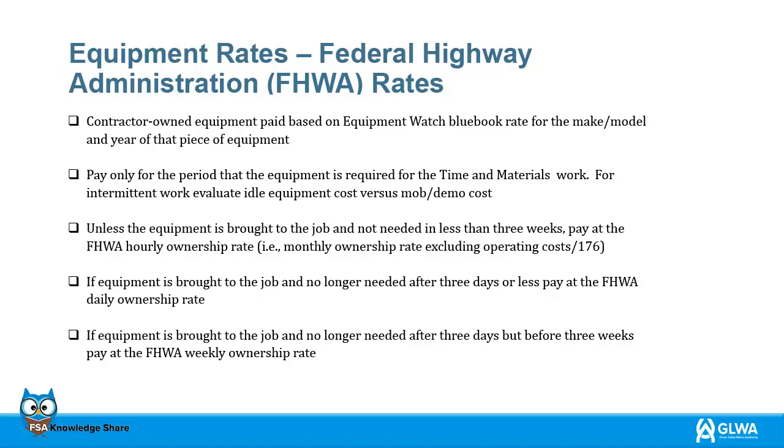Unless the equipment is brought to the job and not needed in less than 3 weeks, pay at the FHWA hourly ownership rate, that is, monthly ownership rate excluding operating costs /176. If equipment is brought to the job and no longer needed after 3 days or less, pay at the FHWA daily ownership rate. If equipment is brought to the job and no longer needed after 3 days but before 3 weeks, pay at the FHWA weekly ownership rate.